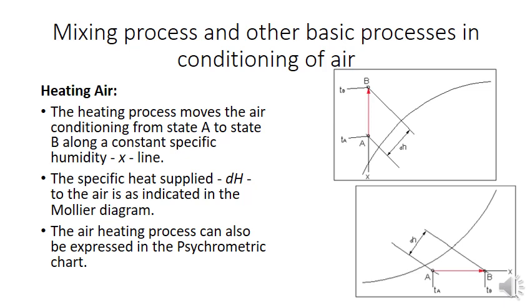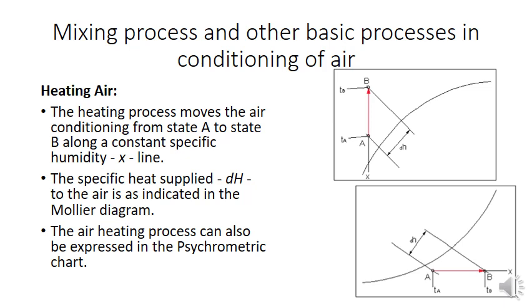If we remember, the Mollier chart is again a representation of enthalpy, specific volume and entropy with respect to pressure and temperature values for air. So the specific heat supplied, dH, is represented here with respect to A and B, with temperatures TA and TB.